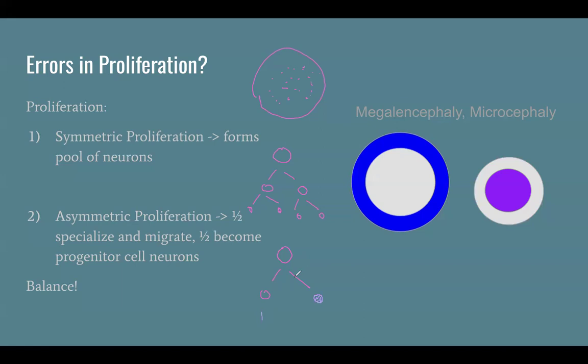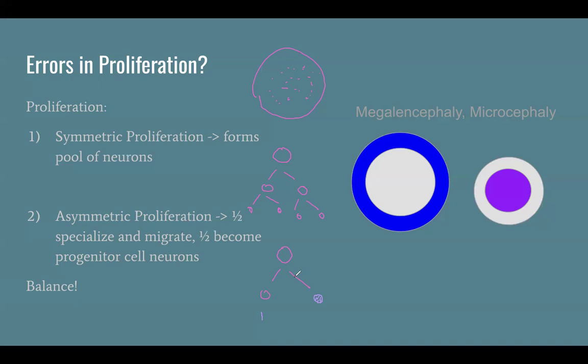And why is that important? Think about it this way: what happens if you switch too early from symmetric proliferation to asymmetric proliferation? There's not going to be enough cells to commit asymmetric proliferation in the first place.